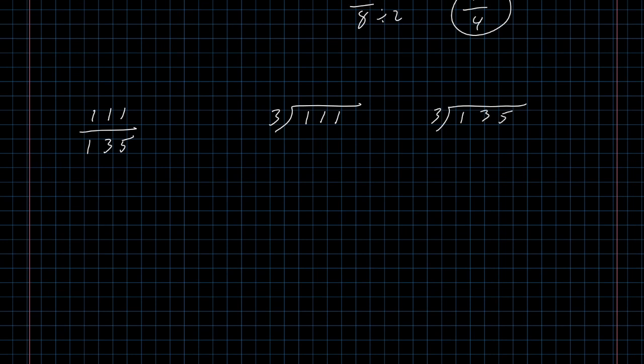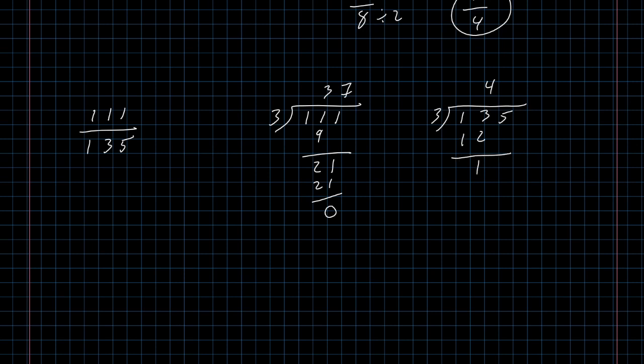3 goes into 111. Well, 3 doesn't fit into 1, 3 fits into 11 3 times. 3 times 3 is 9, subtract that off. 11 minus 9 is 2, drop down the next digit, which is 1. 3 fits into 21 7 times. 7 times 3 is 21. Subtract that off and you get 0. 3 goes into 135. 3 fits into 13 4 times. 4 times 3 is 12.